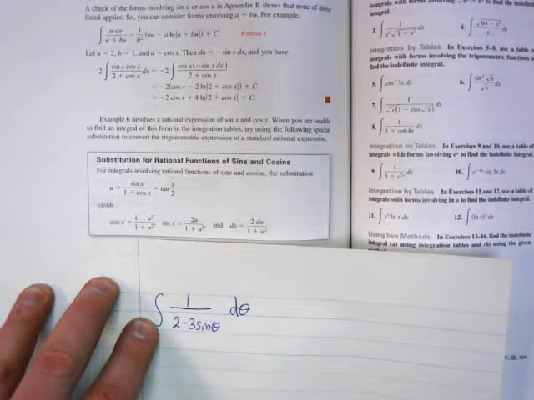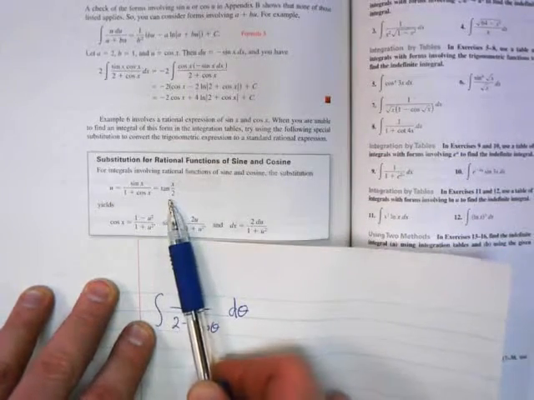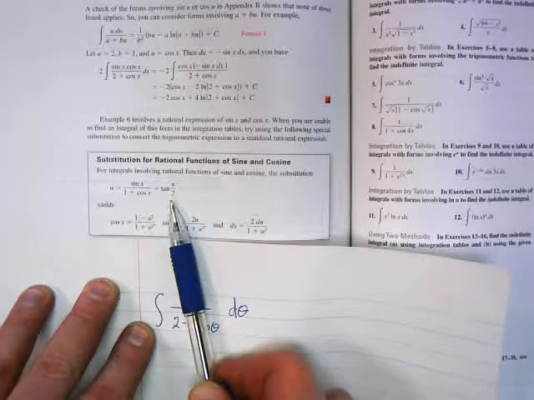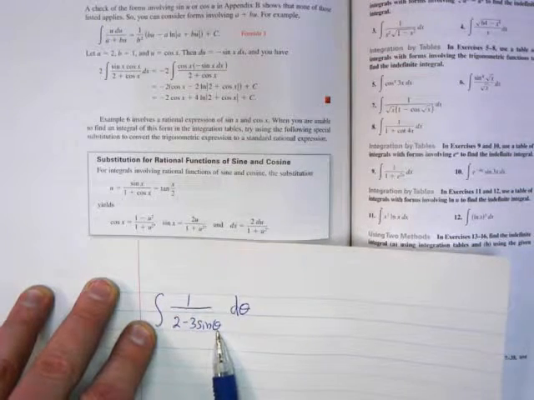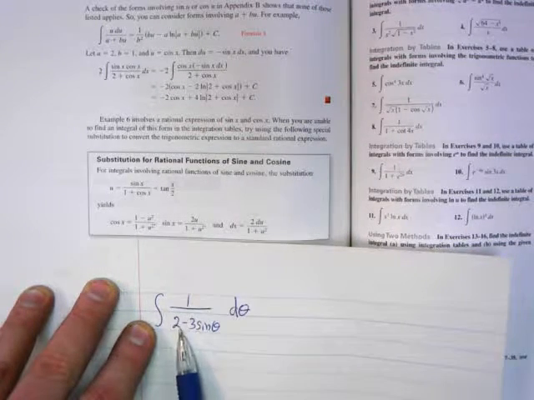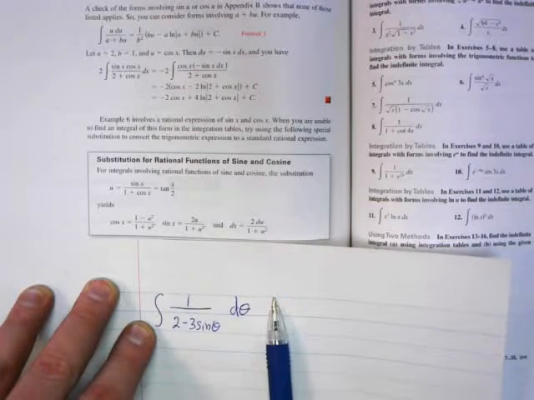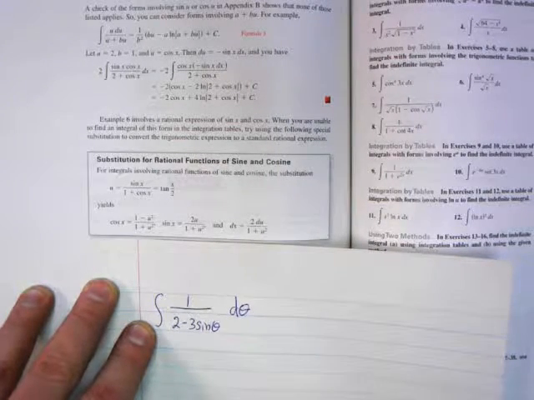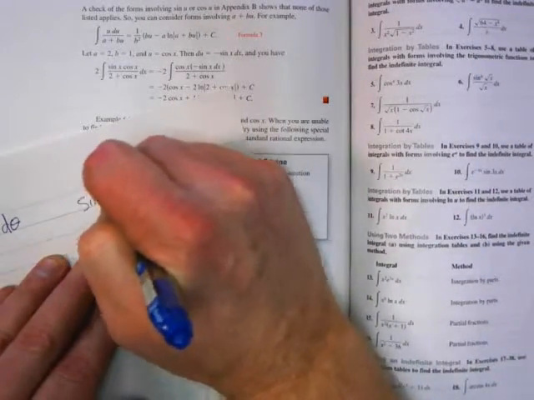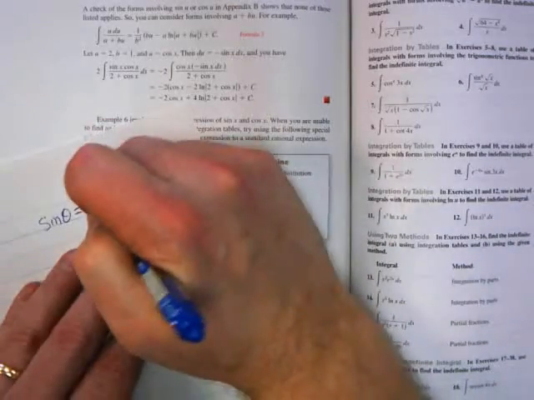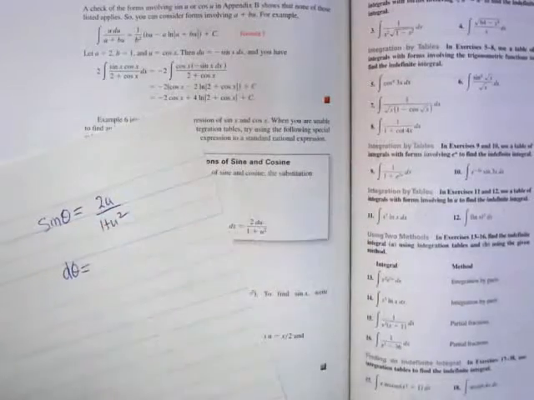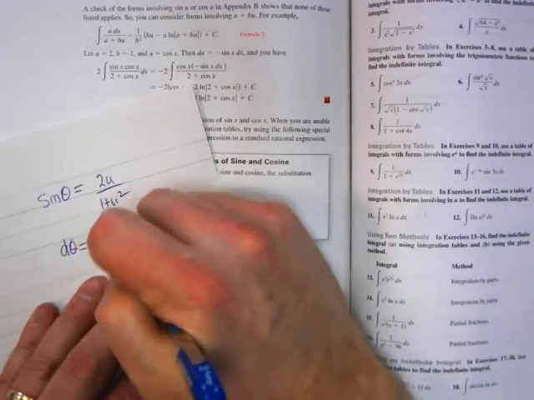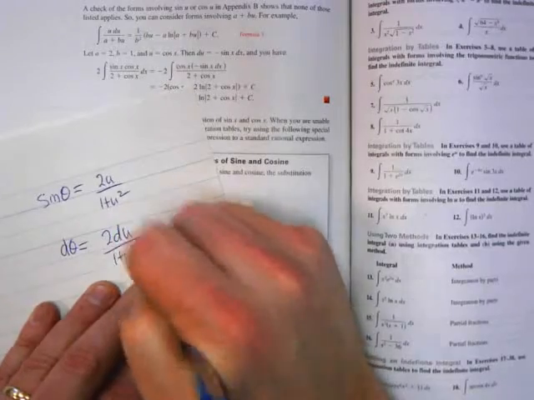What's u going to be in this case? U is tangent of x over 2. And in this case, we're not using x, we're using theta. So this could be 1 over 2 minus 3 sine x dx. We're using theta instead of x, that's all. So instead of sine theta, we're going to write 2u over 1 plus u squared. And for d theta, we're going to write 2 du over 1 plus u squared.